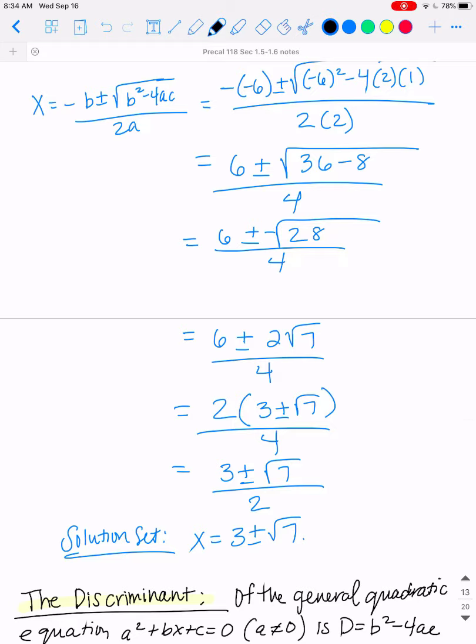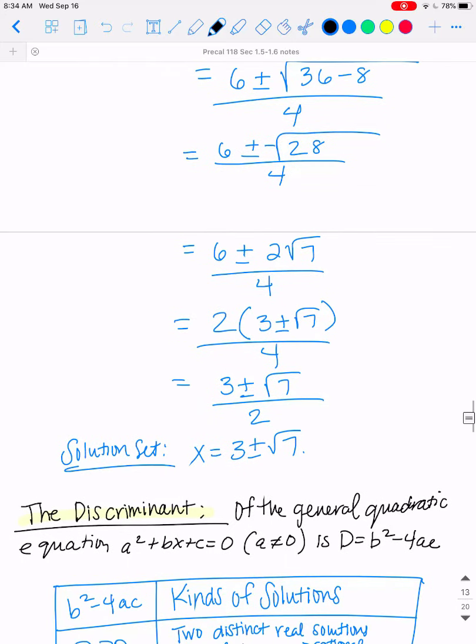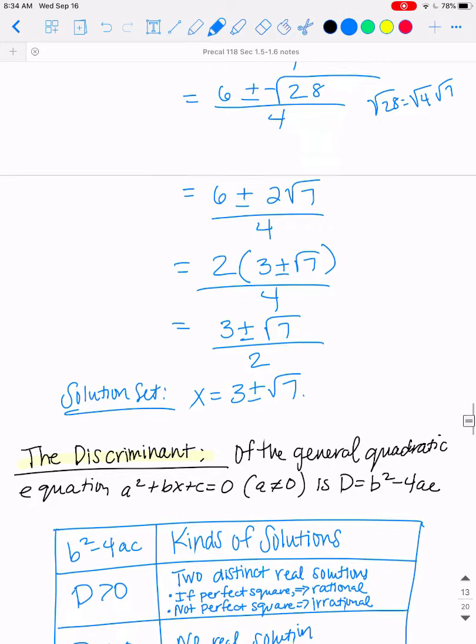We're going to simplify the square root 28. So 28 was square root 4 times square root 7. So then square root 4 simplifies to 2. Then our square root 7 we leave. So we get 6 plus or minus 2 square root 7 over 4. We're going to go ahead and factor out a 2 from the numerator.